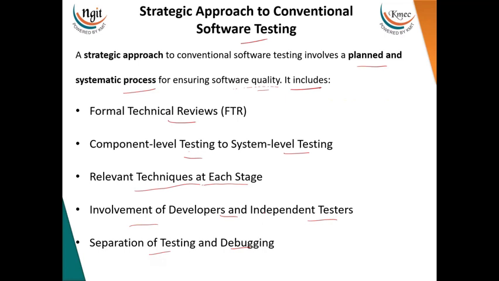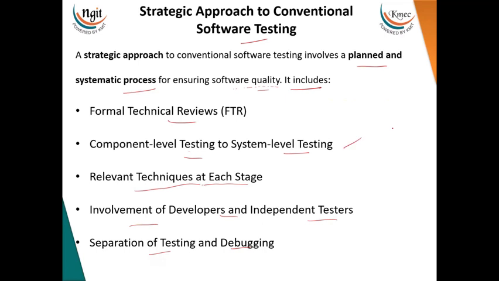So first is formal technical reviews. We conduct these reviews, called formal technical reviews, to find errors in the very early stages of development. Next is component level testing to system level testing.